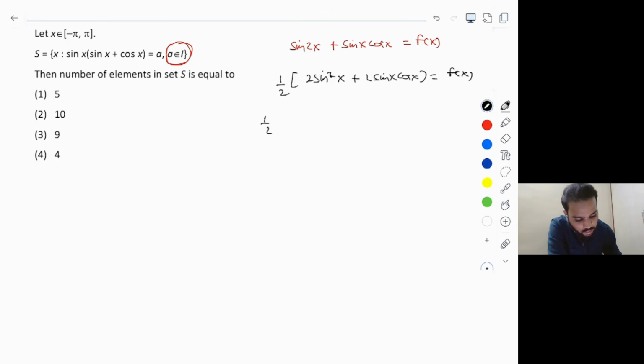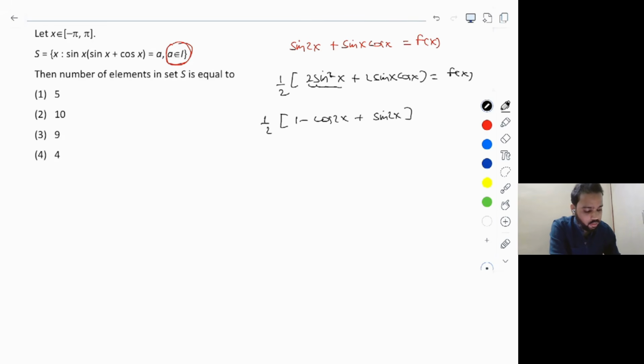I can write this as 1 by 2 times, where 2 sine square x is 1 minus cos 2x, and similarly this 2 sin x cos x is simply sine 2x. So finally, we have a simple, well-known trigonometric expression, that is 1 by 2 times of 1 plus sine 2x minus cos 2x.